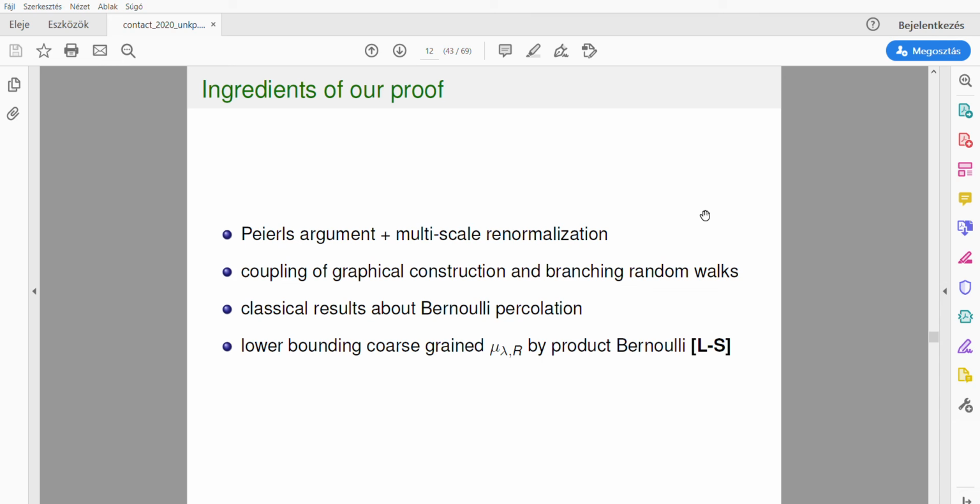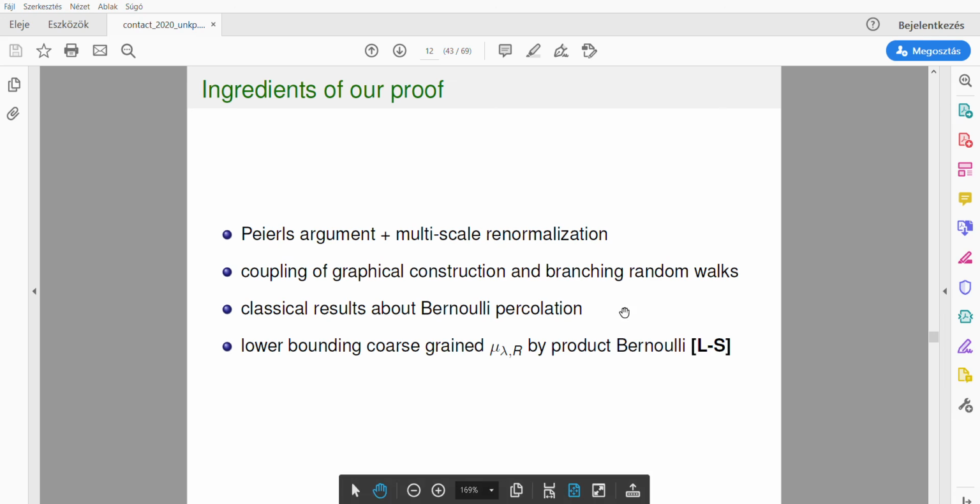And one ingredient of our proof that I will not talk about is that we are going to prove a variant of the result of Liggett and Steif. There is a result in the style of that Liggett and Steif result, namely we want to lower bound the upper invariant measure with range R by a product Bernoulli measure.